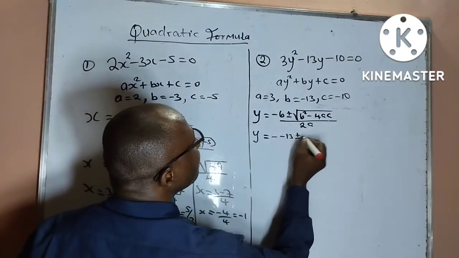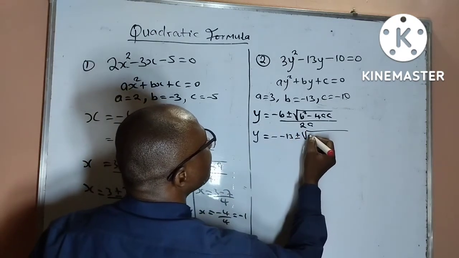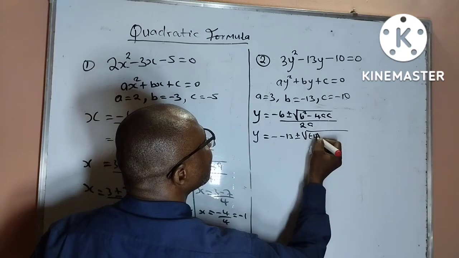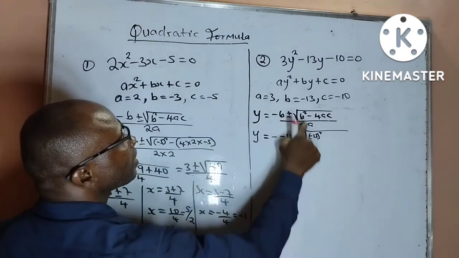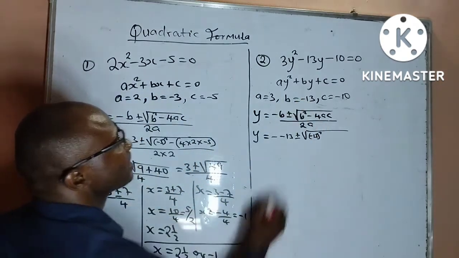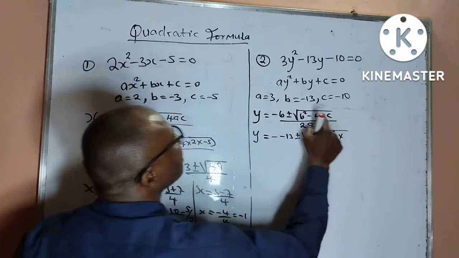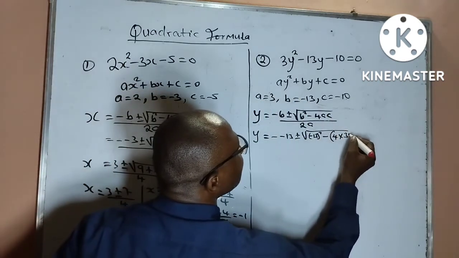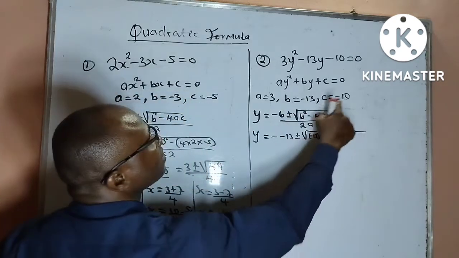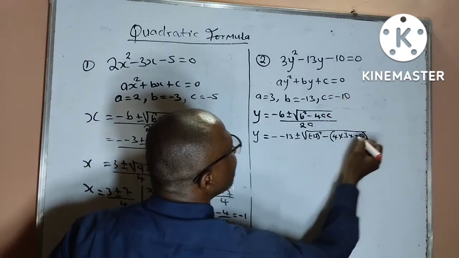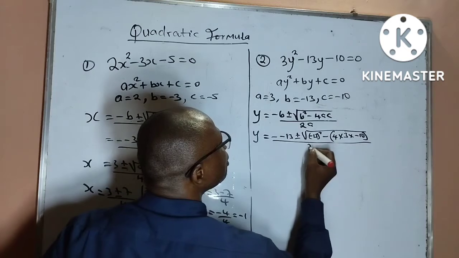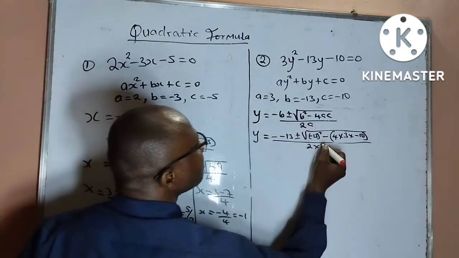Then plus or minus the square root of minus 13. That is the value of b. My b is minus 13. Then the formula has minus. Then I have 4 times a, and my a here is 3. Then my c is minus 10. Everything divided by 2 times a, and my a is 3.